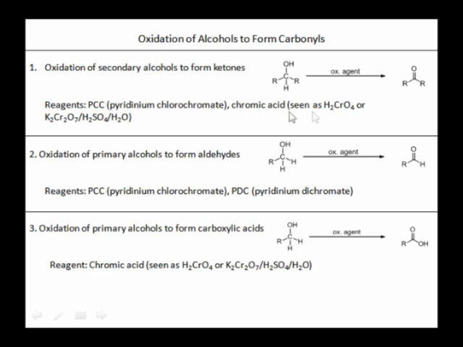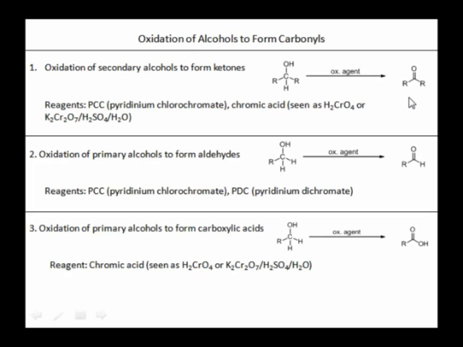Or we can just use chromic acid, which may be presented as chromic acid, H2CrO4, or is sometimes used in the lab as the potassium salt of dichromate, K2Cr2O7, with acid in water. Chromic acid is done in aqueous solvents. PCC can be used in non-water type solvents. Either of these will give a ketone.